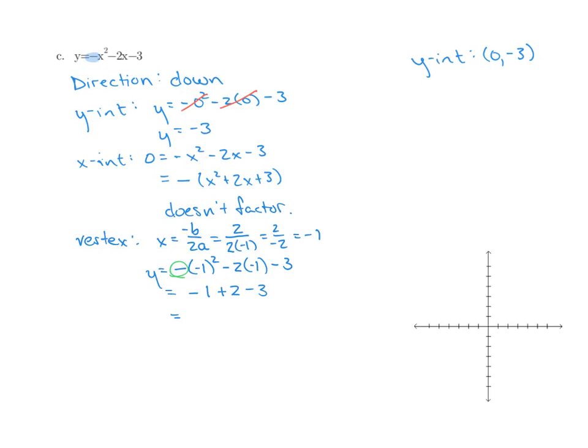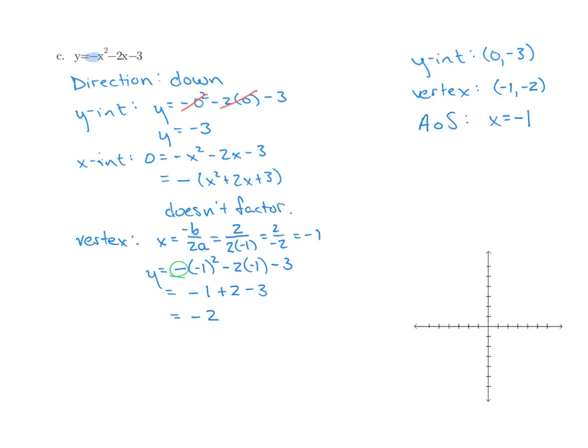And if we simplify this, we get -2. So our vertex is -1, -2. Our axis of symmetry is going to be a vertical line through the vertex, so it's going to be x equals -1.